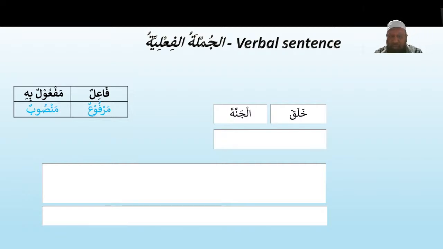That's right. Look at the next word, the ism. It is having fatha on it. And in jumlatul fi'liyah, what is the name of the slot that has fatha on it? It is maf'ulun bihi. That's right.